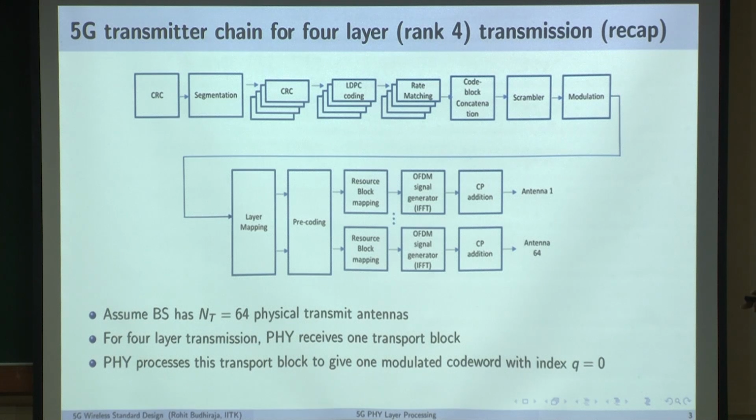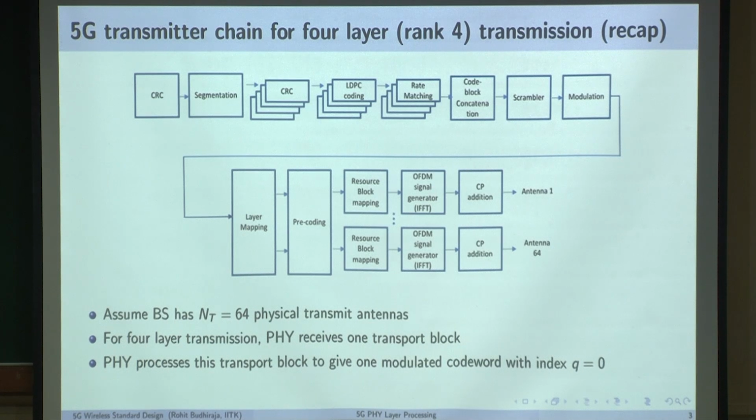At the end of it we get one modulated codeword. Since it is only one transport block, we index it with q equal to 0. It will become relevant when there is another transport block; then q will take values 0 and 1. This is the output which needs to be layer mapped.